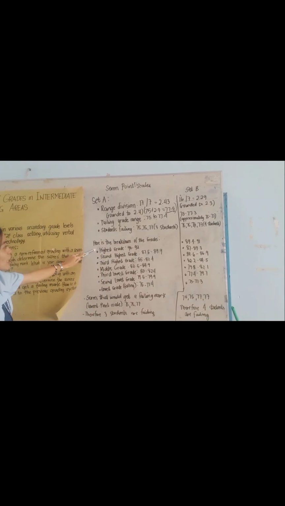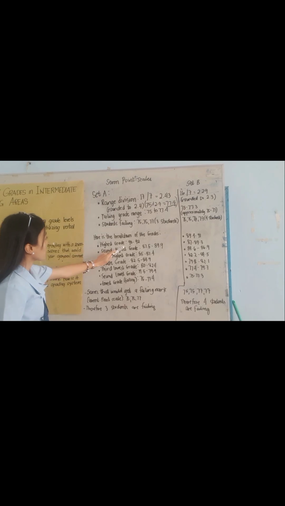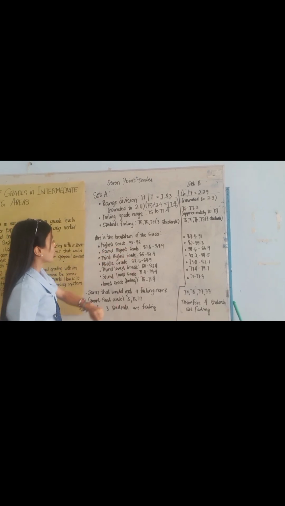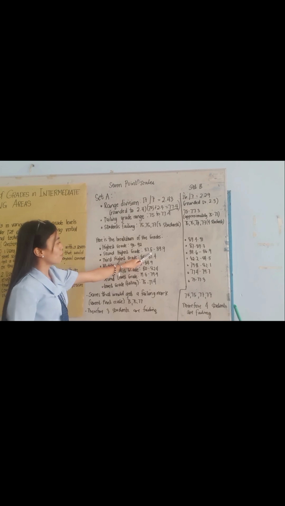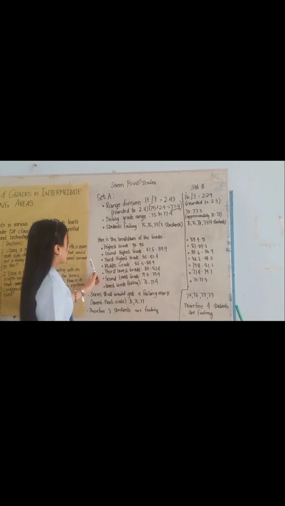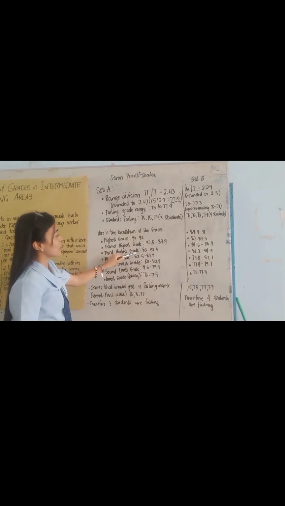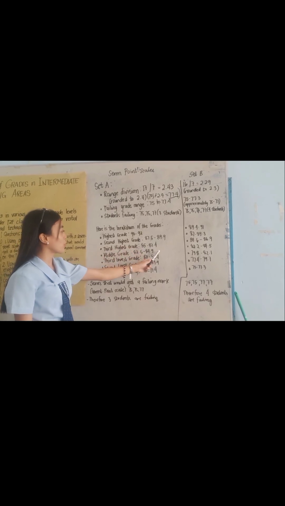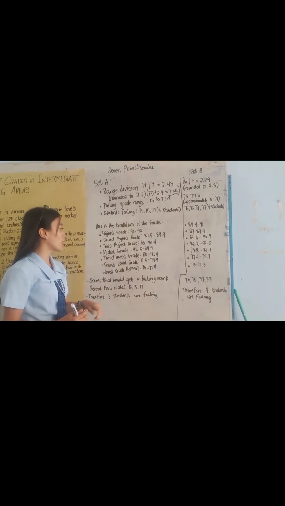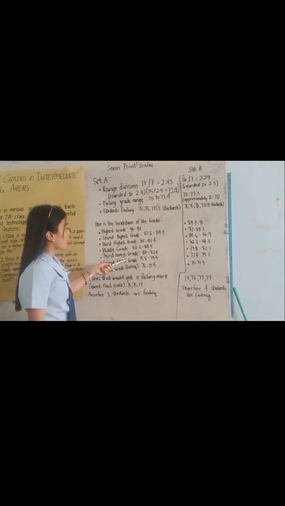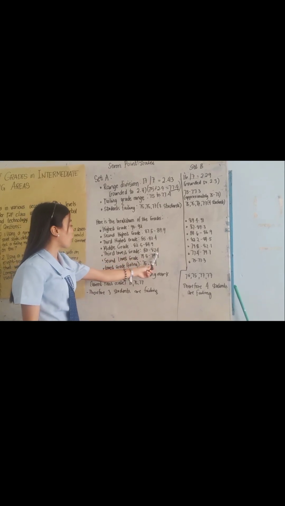So here is the breakdown of the grades. The highest grade is from 90 to 92. Then the second highest grade is 87.5 to 89.9. Then the third highest grade is 85 to 87.4. Then the middle grade is 82.5 to 84.9. Then the third lowest grade is 80 to 82.4.